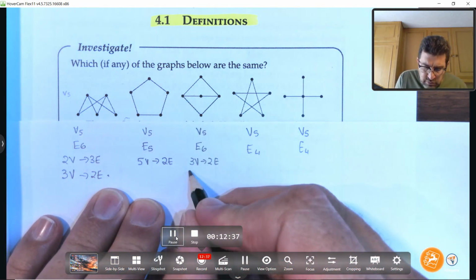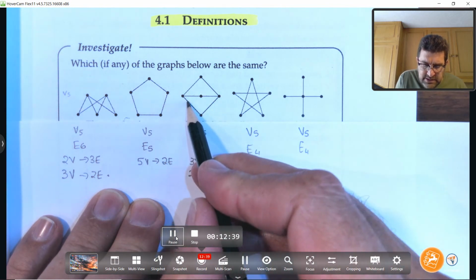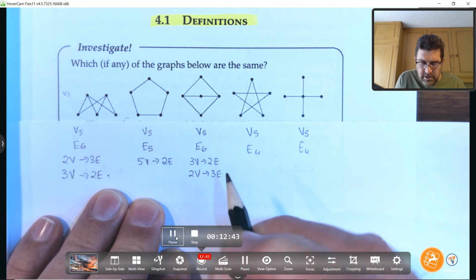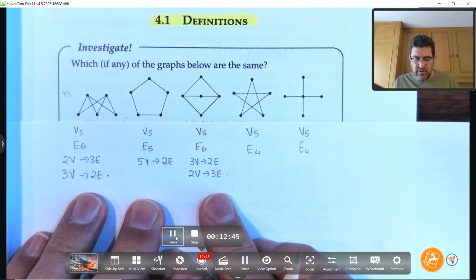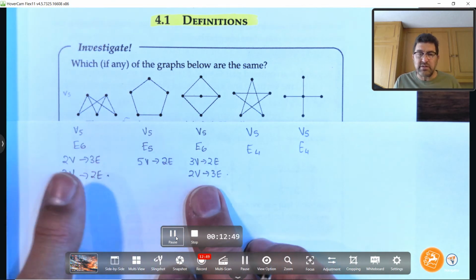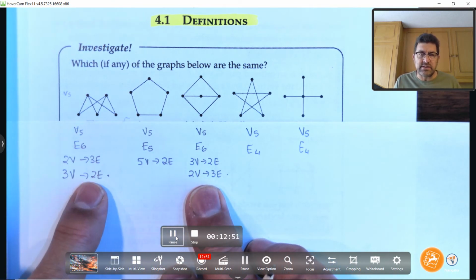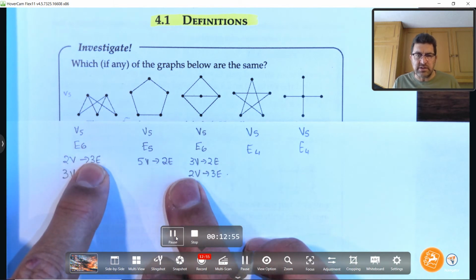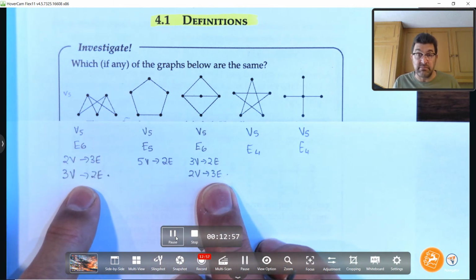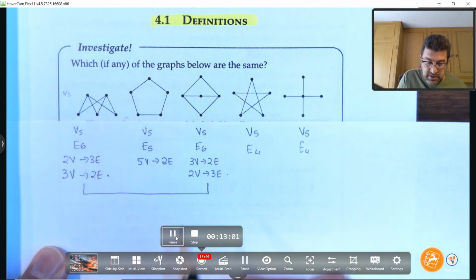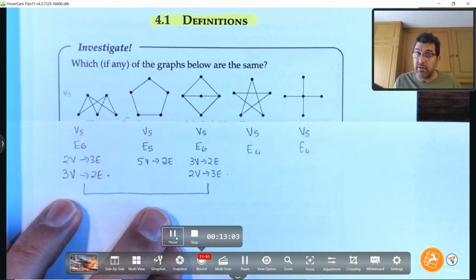Then we have 2 more vertices, and those vertices each have 3 edges going either in or out. Now look at this, where my 2 fingers are. 3 vertices, 2 edges, 3 vertices, 2 edges, 2 vertices, 3 edges, 2 vertices, 3 edges. That looks like those 2 graphs are definitely going to be the same. Now we'll look at that just now, how we can see that they are.